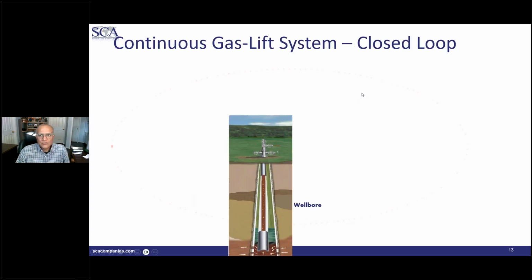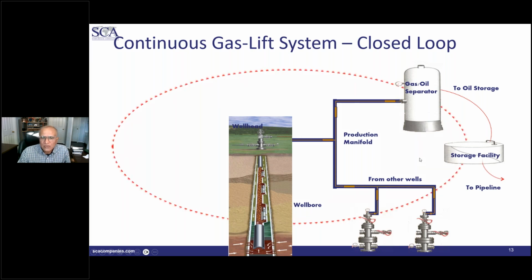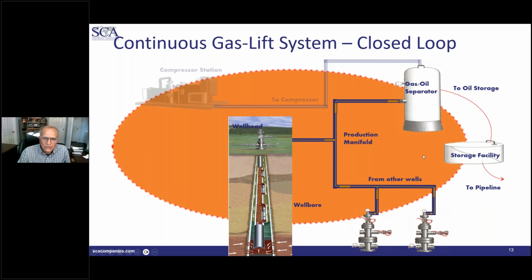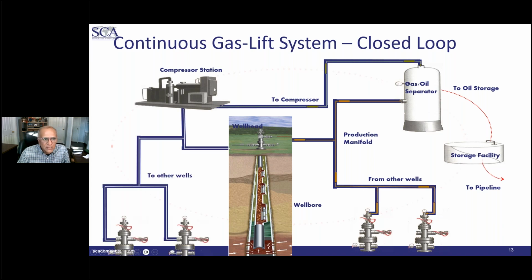Okay. Continuous gas lift system, another thing to keep in mind is that it's a closed loop system, in the sense that in a normal well, multiple wells are connected at the production manifold. But in the case of gas lift wells, you also have a compressor station that is receiving gas from your separation system. Part of the gas might be going into the sales line.